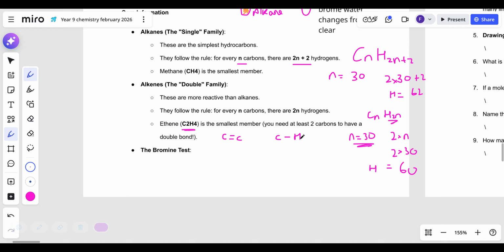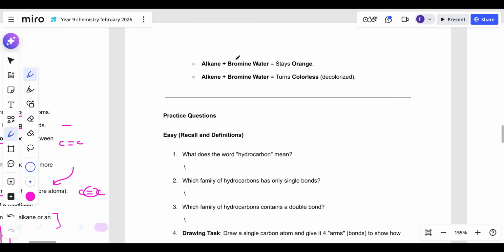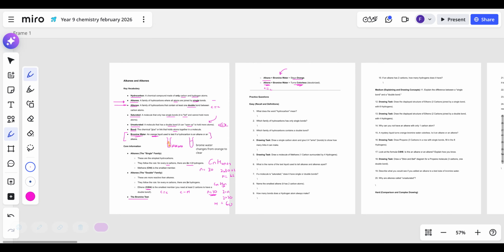Okay, I talked about the bromine test, but I'll mention it again. If you have an alkane and you add bromine water, it stays orange. You have an alkene, something with a double bond, and you add bromine water, it turns colourless. All right, and that's it.